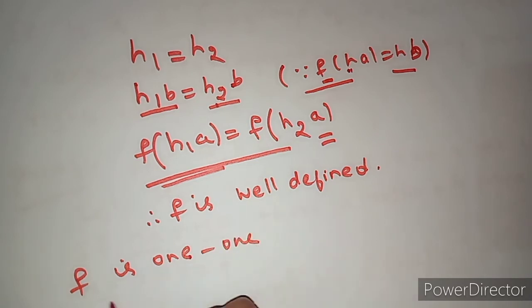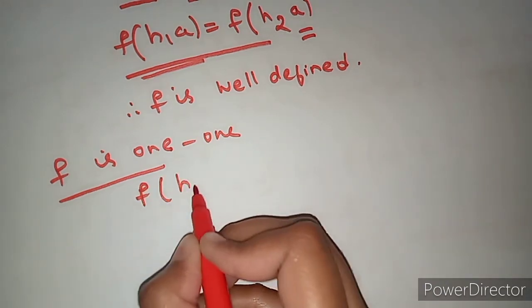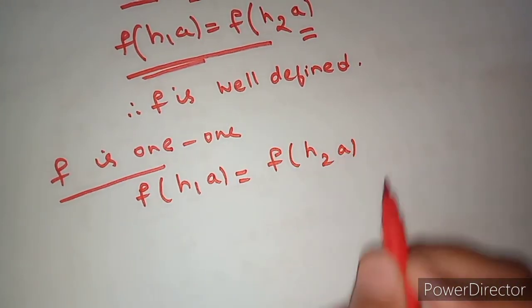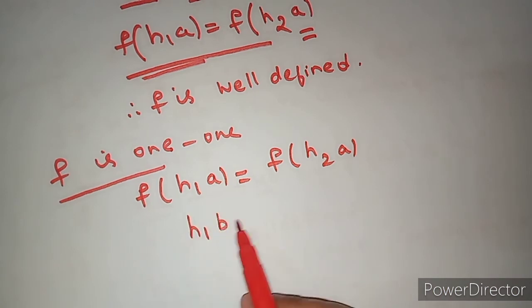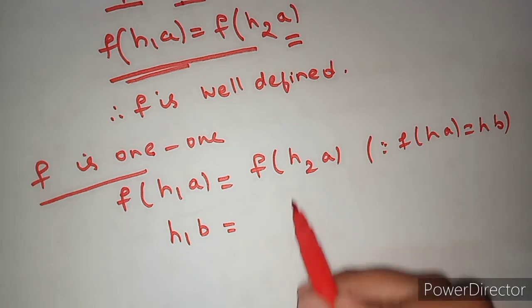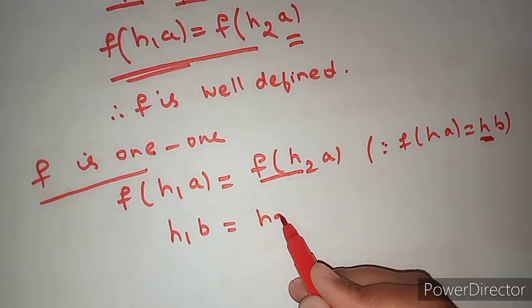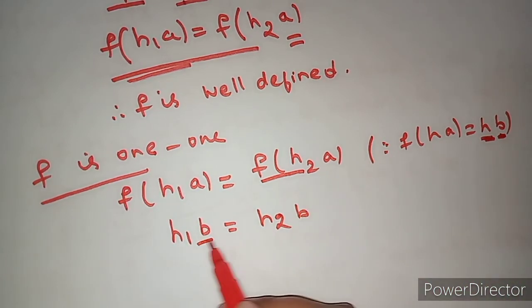Now, I have to show that f is 1-1. For the function to be 1-1, I have to take the images as same and show that the elements are also same. So, f of h1a is equal to f of h2a. f of h1a is nothing but h1b. Likewise, f of h2a is equal to h2b, in the place of h and b.